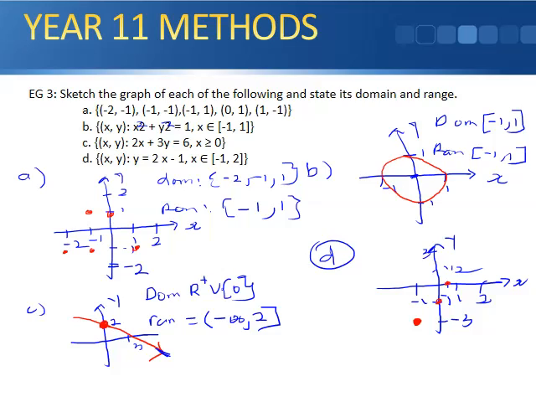And that is a square bracket, so that will be included as well. So this line is from there to there, nothing else. The domain for it is from -1 to 2, and the range, lowest value is -3 for y, and the highest value is 3.